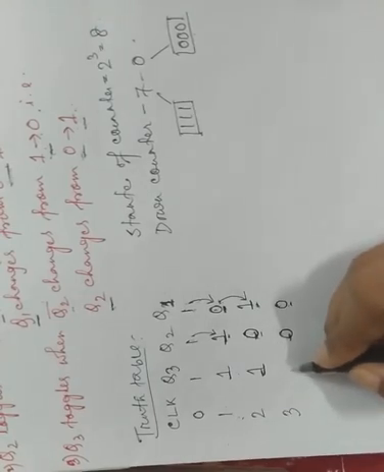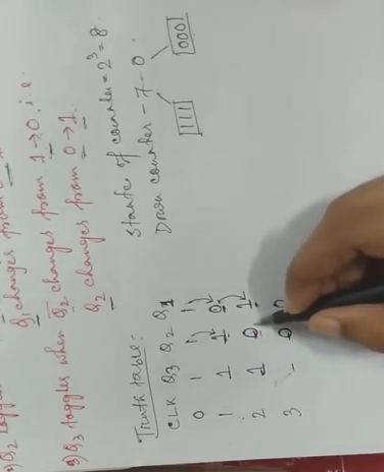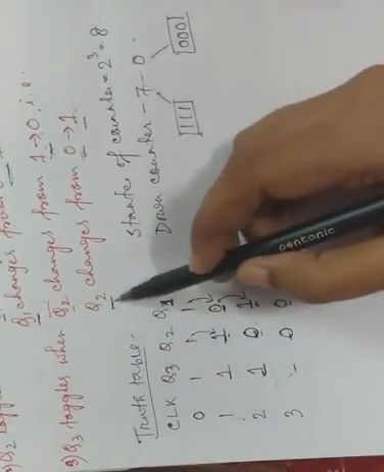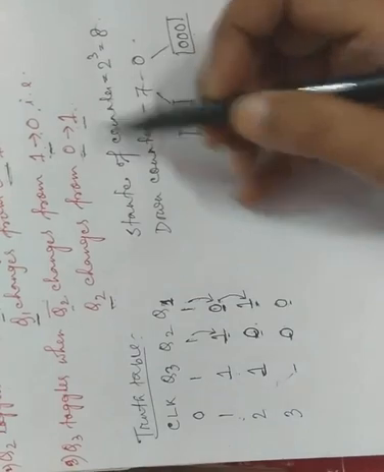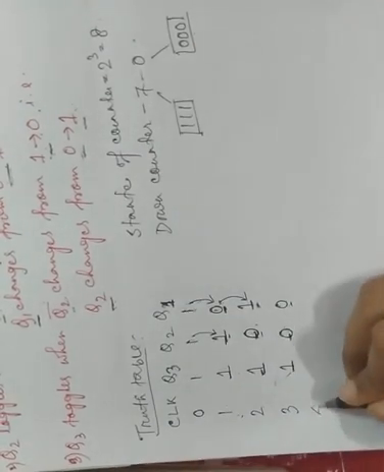Now for the Q3 value, we have to see the Q2 value. But Q2's value changes from 0 to 0, and in order to change Q3, we need Q2's value to change from 0 to 1, so it will also store its previous value.